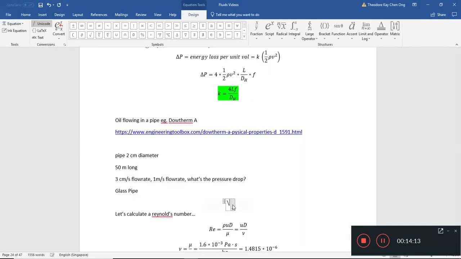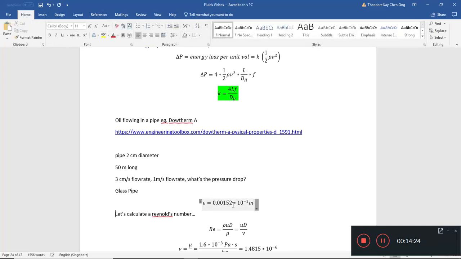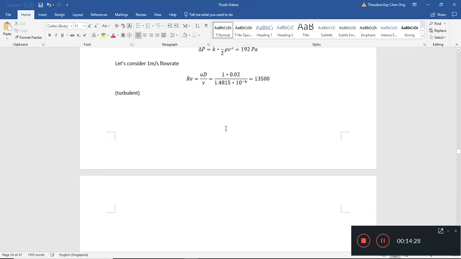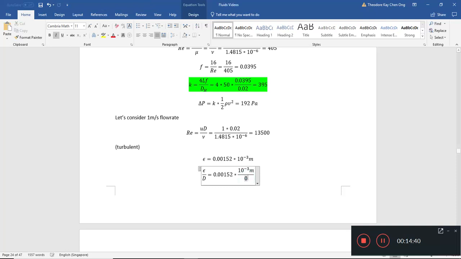So epsilon equals 0.00152 times 10 to the minus 3 meter. We want to look for epsilon by d, so we'll just divide by d. D is again 0.02 meter.